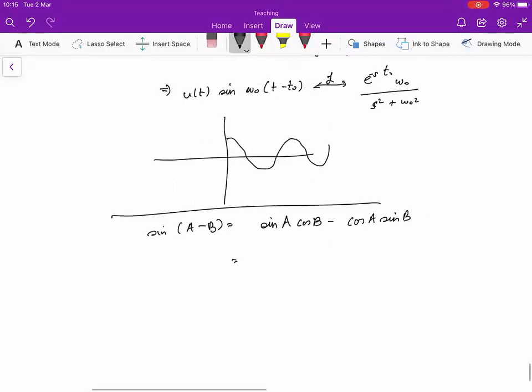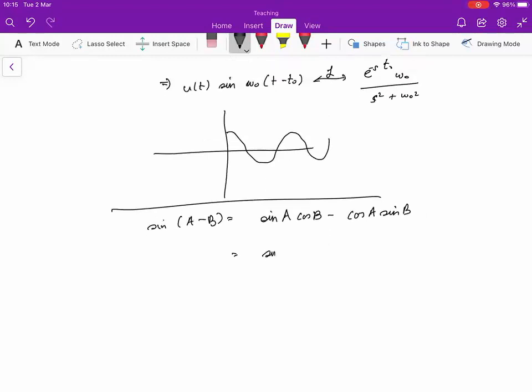I see, so if you expand it this way, it's sine of t cosine of t naught minus cosine of t sine of t naught, and then you just do the transform for this. Yeah, because cosine of t naught and sine of t naught are constants.